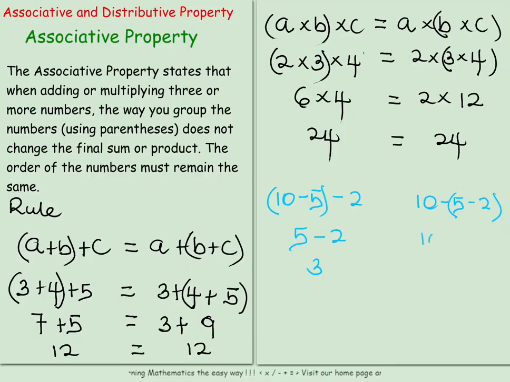You're going to get 5 minus 2 gives us a 3, and 10 minus 3 gives us what? A 7. Now you realize that they are not equal. They are not equal. Hence, associative property does not hold for what? Subtraction.